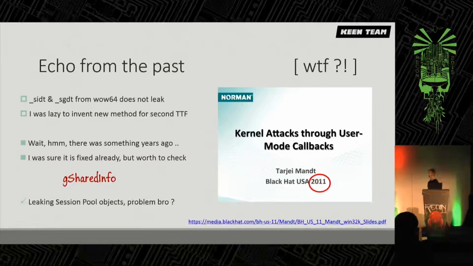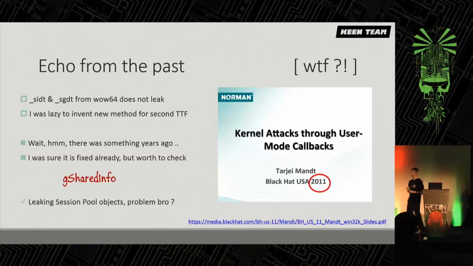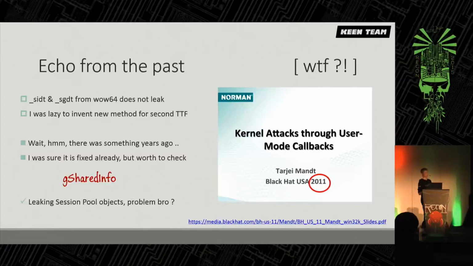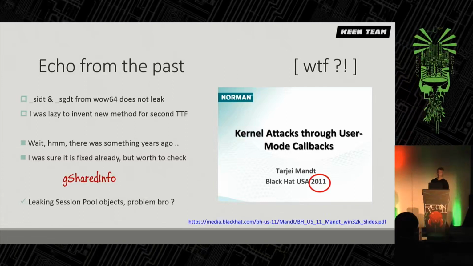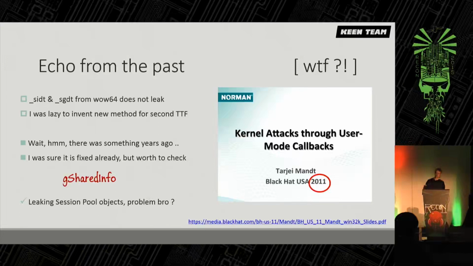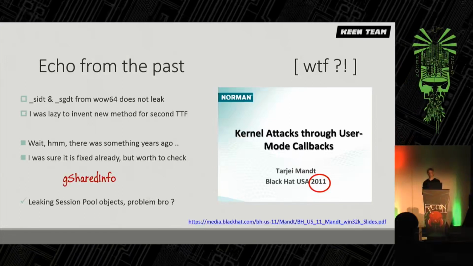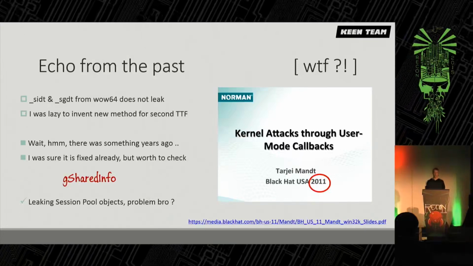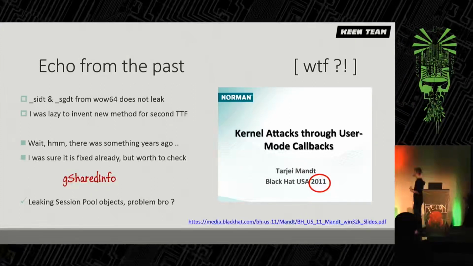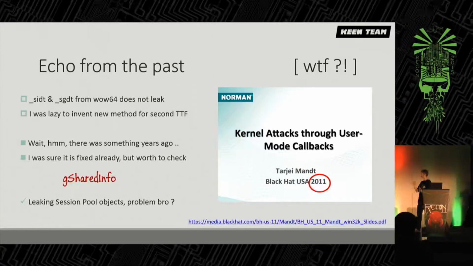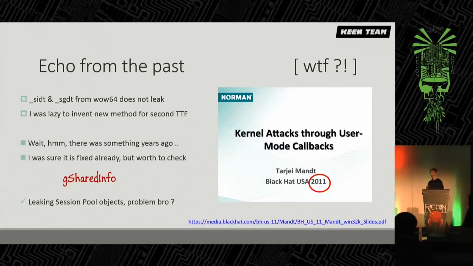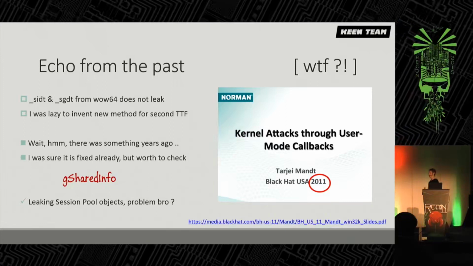But I was lazy to find some new technique, since I had implemented this one, and I liked it. So I was looking for some other feature to do it really fast, because I had some time pressure. And I remembered that in the past there was a really good article about kernel exploitation by Tremont in 2011. I was sure that it was already fixed, but in fact it isn't fixed.